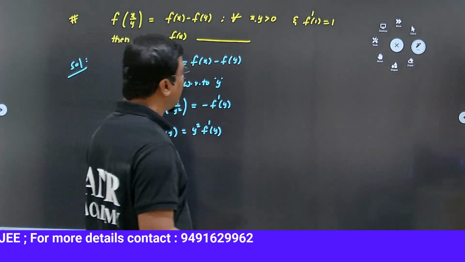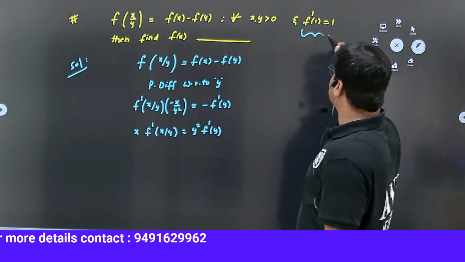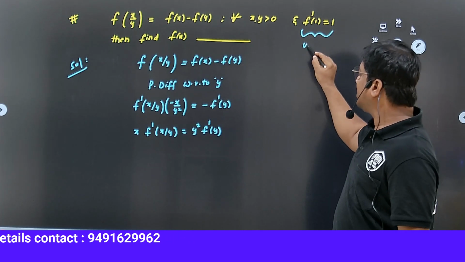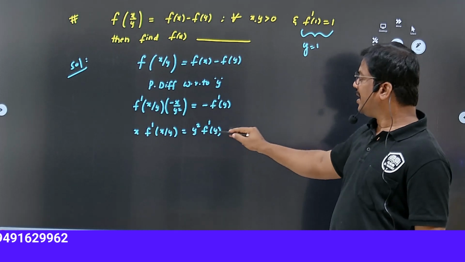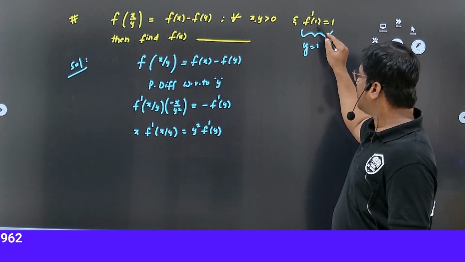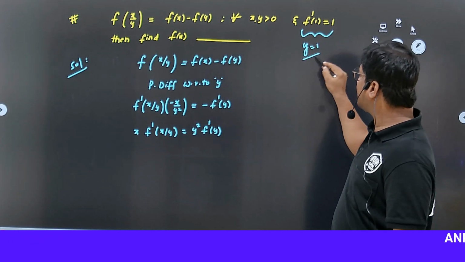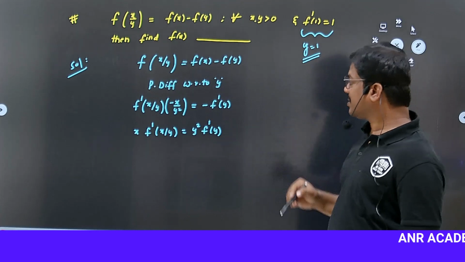See here, f dash 1 you have as 1, that is if I write y value 1, f dash y you have here, so the internal part y suppose 1, then you can use this.